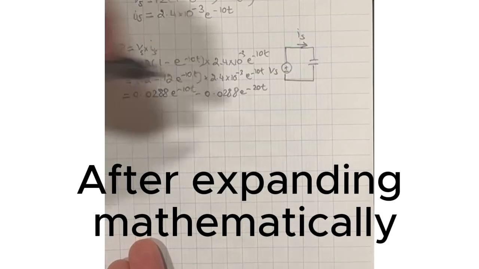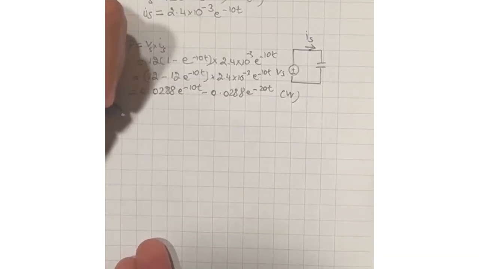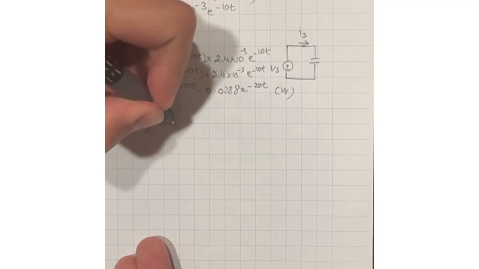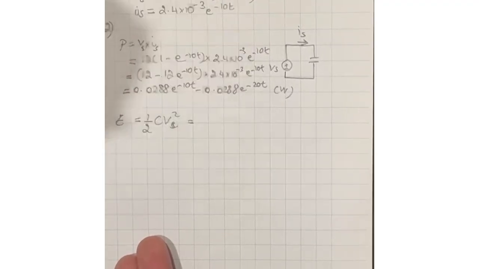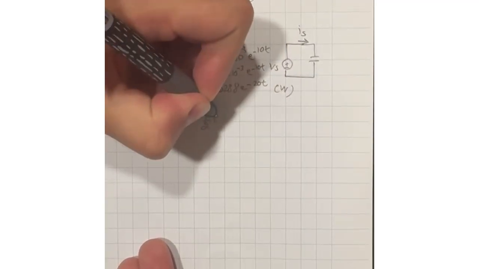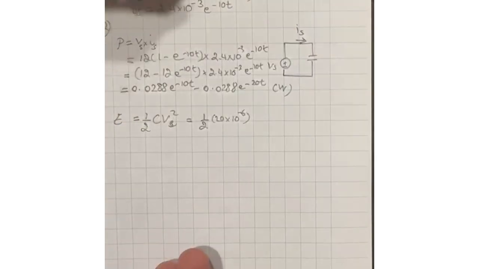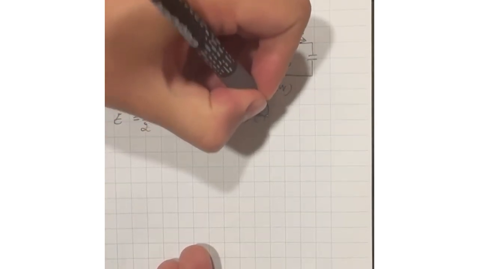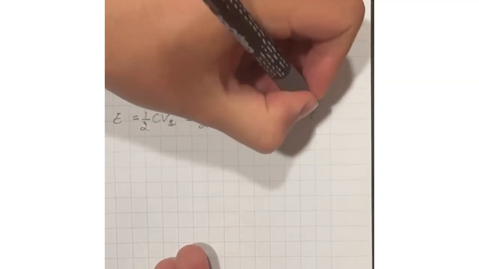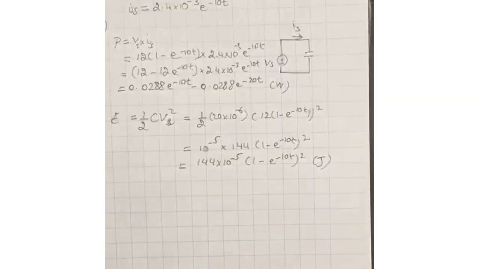And this is the expression for the power in watts. And finally, for the energy, the equation is half C Vs squared. So we plug in half, C, we know it's 20 microfarad, so 20 times 10 to the minus 6. And Vs is this expression here, and it's all squared. And the unit is joules.